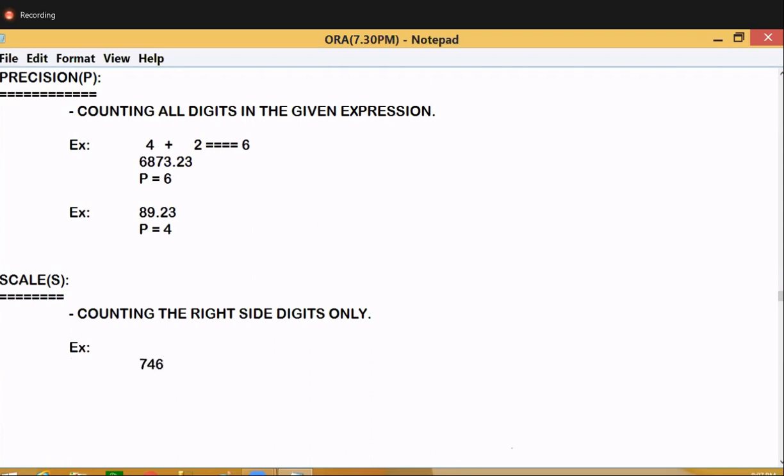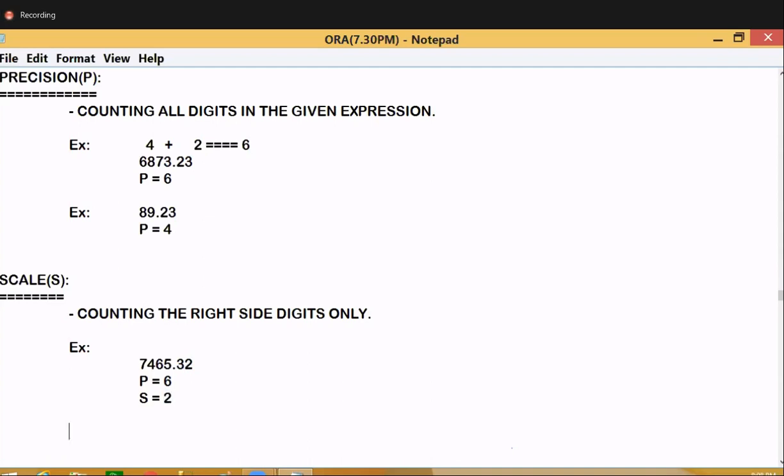How many digits are there on the right side of the decimal point? 2, so it will be 2.